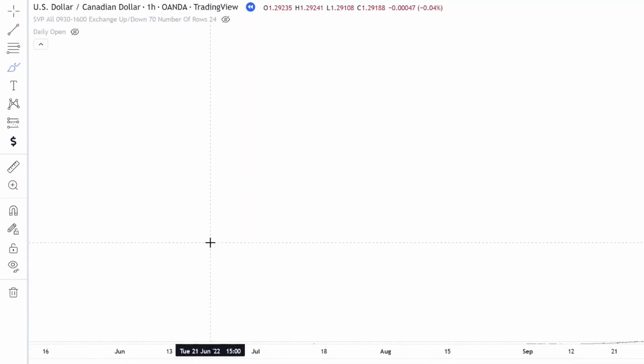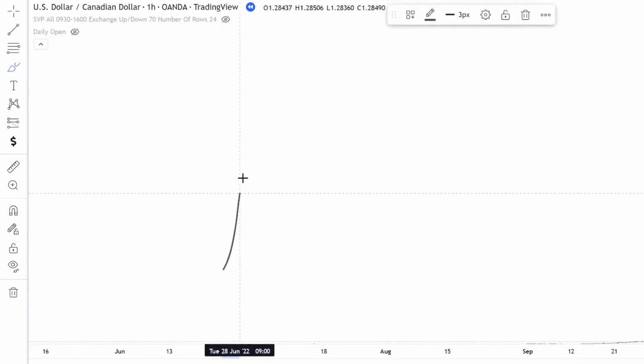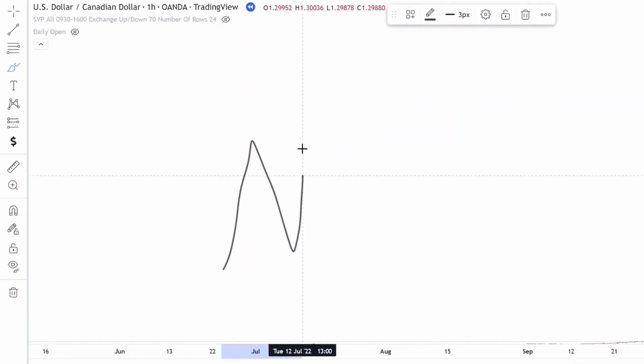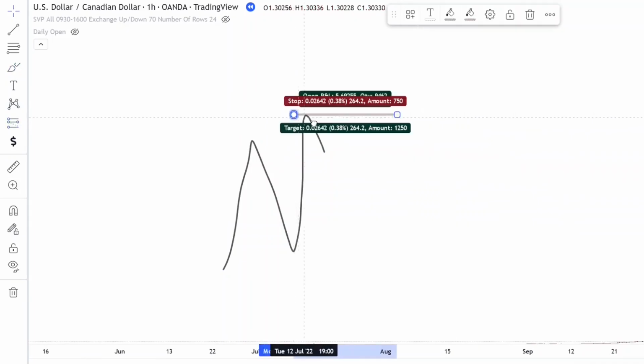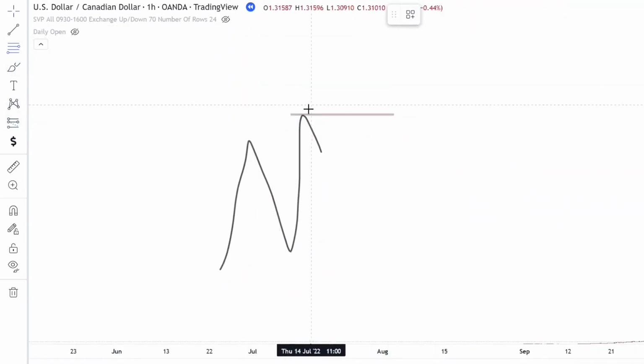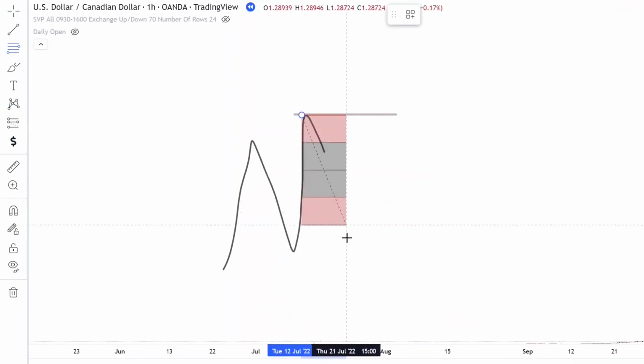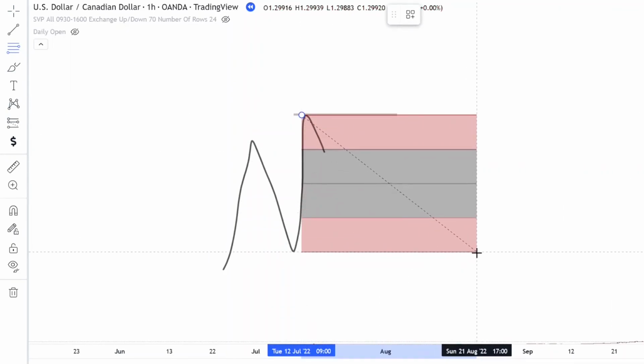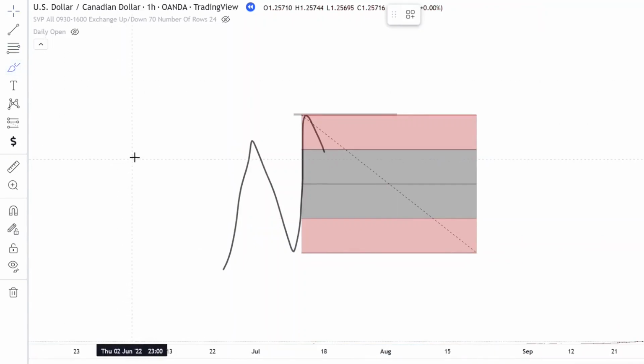So how do we validate an institutional candle? Let's say we have a range here. Price came back. First off, where is the institutional candle located?